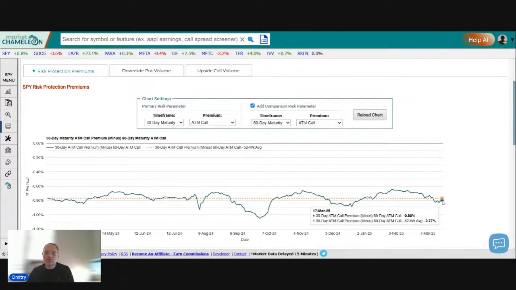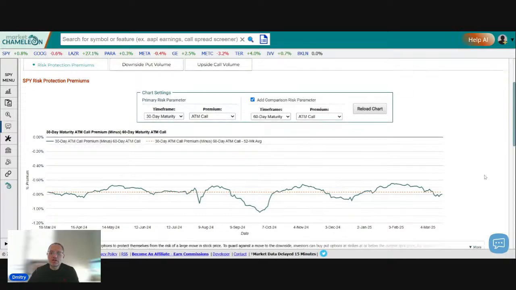Because you're selling, on the same strike, an option that's higher premium. So that would be negative 0.8%. It's a credit. So it's kind of different ways to compare these options and observe the cost relative to its history.